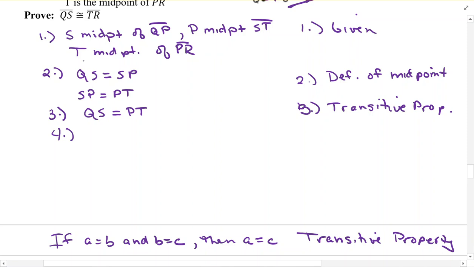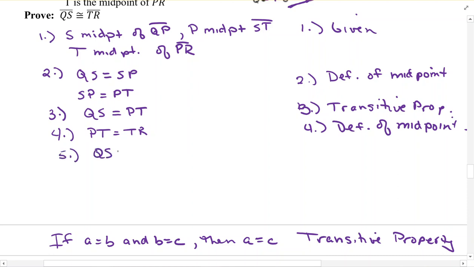We haven't used the fact that T is the midpoint of PR yet. So since T is the midpoint, we know that PT equals TR. Definition of midpoint. And again, we have QS equals PT, but PT also equals TR.